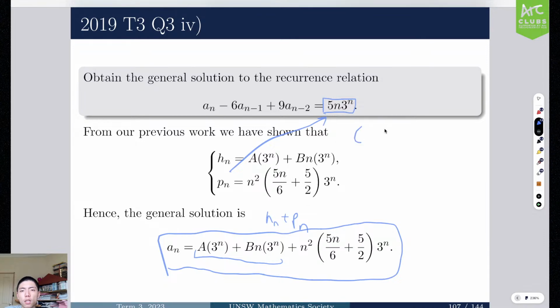So it would be linear multiplied by 3 to the power of n, and then we chuck that back into this, and then we solve for the values of c and d, which turns out to be these two, and then after we're done, we add them together. So just remember that the guesses to your pn have to match this, but you need to multiply by n until you get something that does not have any common terms to do with your homogeneous solution.